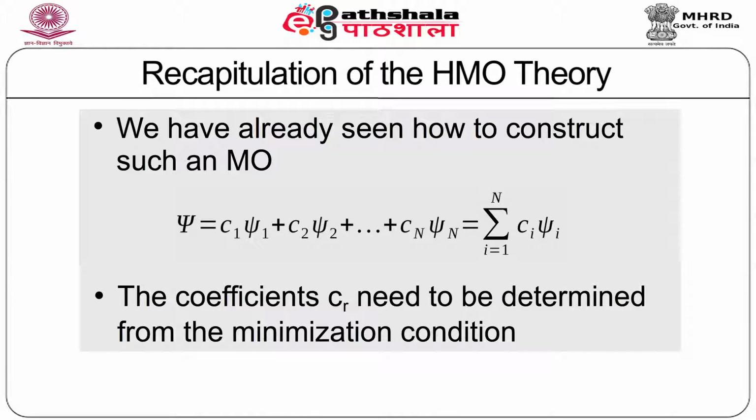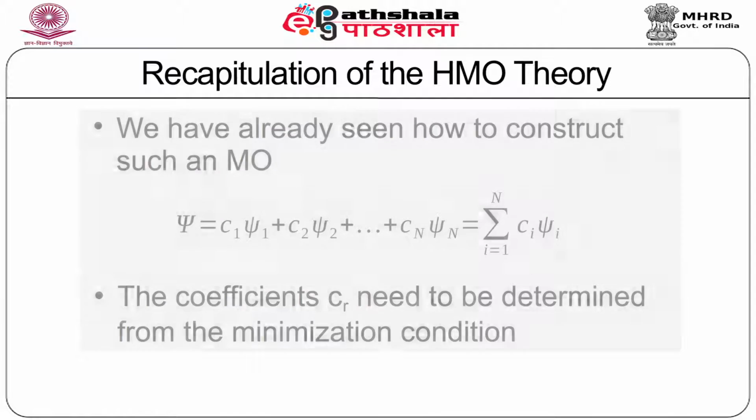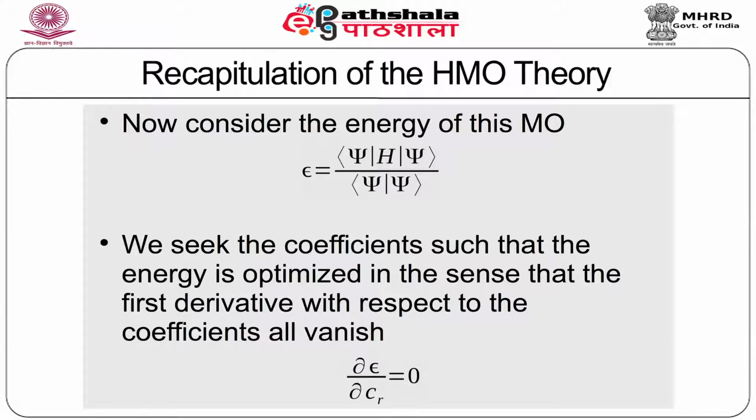This equation involves the coefficients C1, C2, C3 and so on, and any arbitrary coefficient Cr needs to be determined from a minimization condition. And what is the minimization condition?